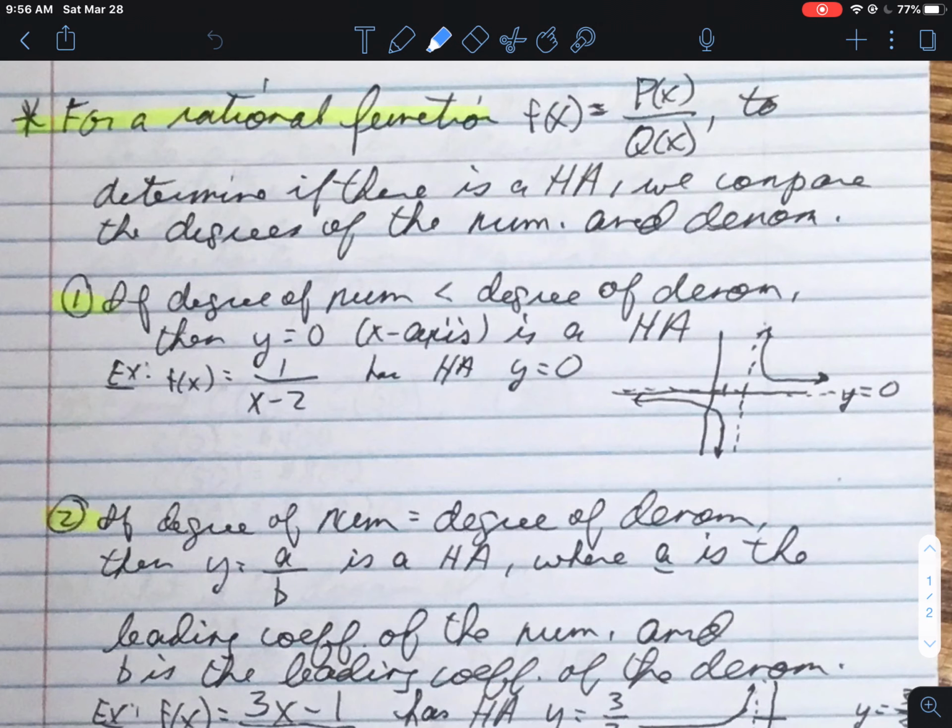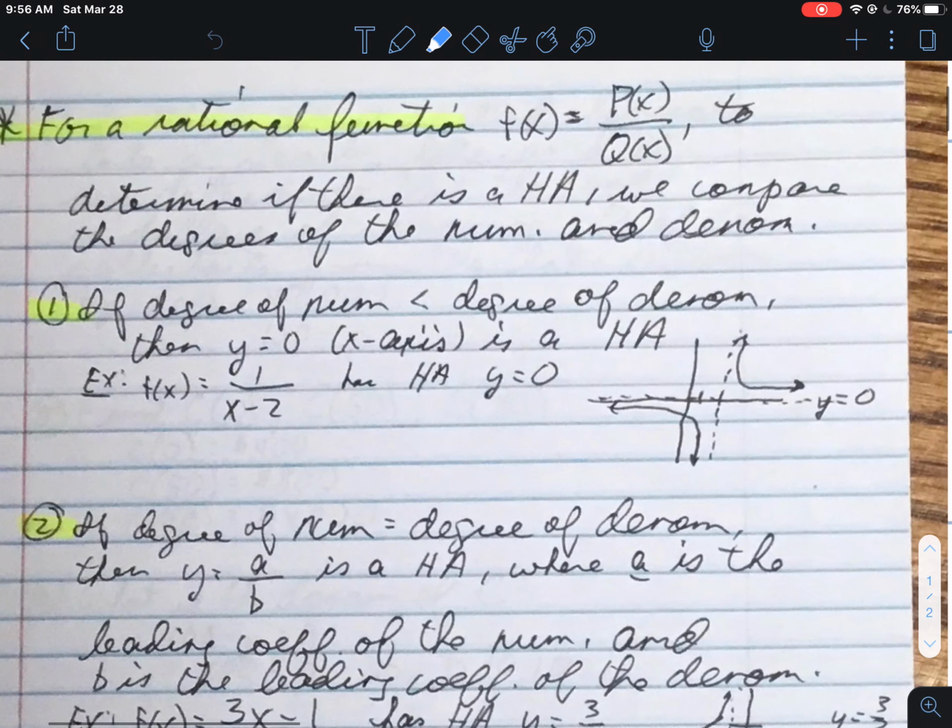Now, for rational functions, these can be a little bit trickier. So we said for the exponential function, it's pretty straightforward. Every exponential function has the same basic shape to its graph, so it's easy enough to identify where that horizontal asymptote is. For a rational function, though, it's a little bit more involved. So rational functions, f of x equals p of x over q of x.